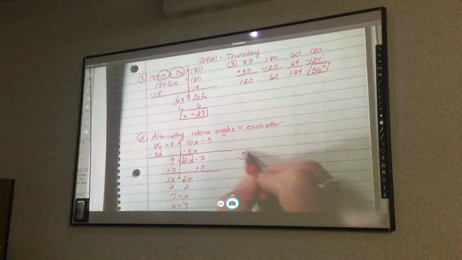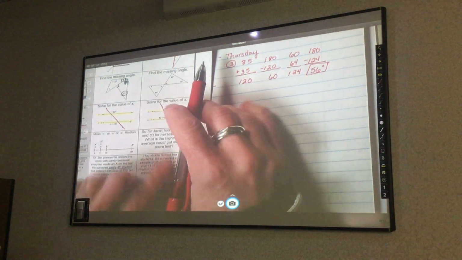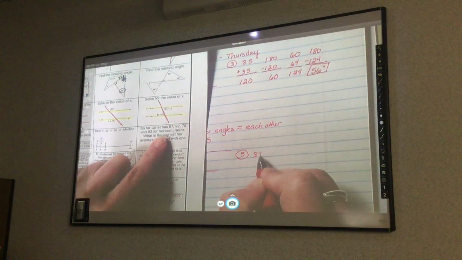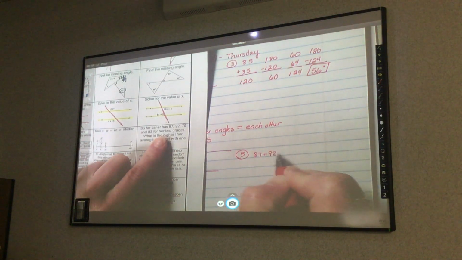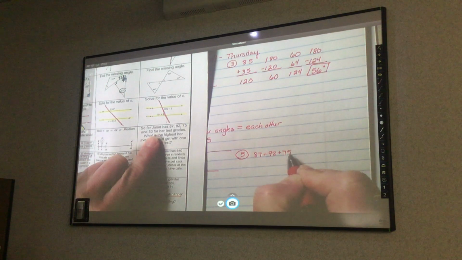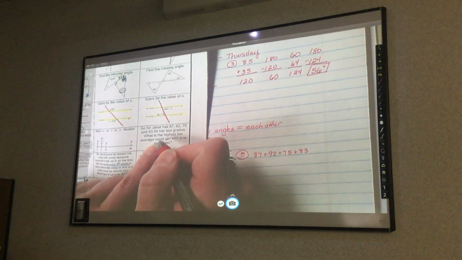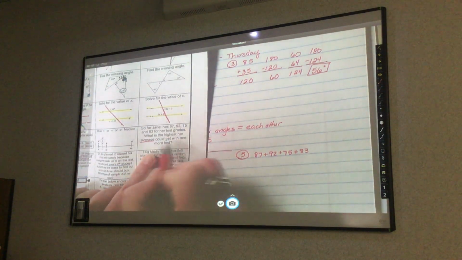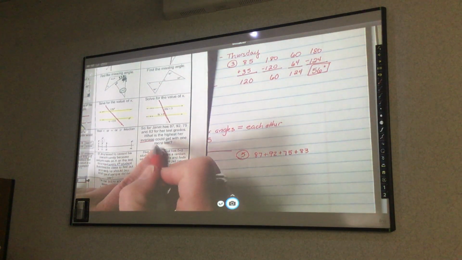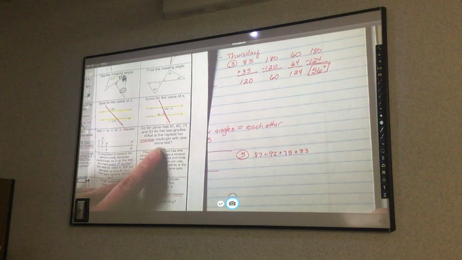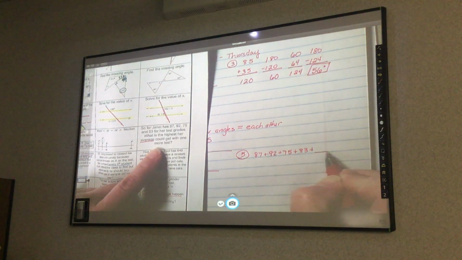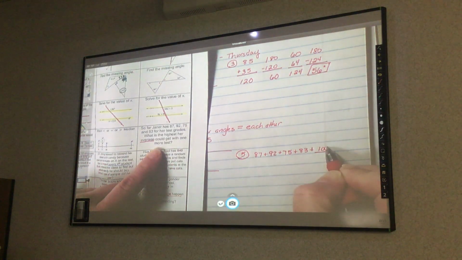Number 5, so far Janet has 87, 92, 75, and 83 for her test grades. What is the highest her average could get with one more test? Well, what's the highest I could get on my next test? So this would be plus the 100.